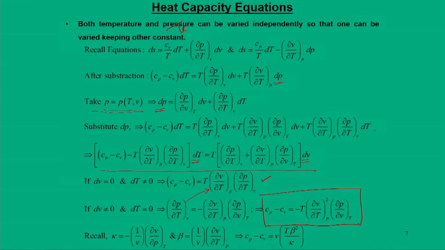So, basically the change in the specific heat is expressed in terms of the isothermal compressibility kappa.